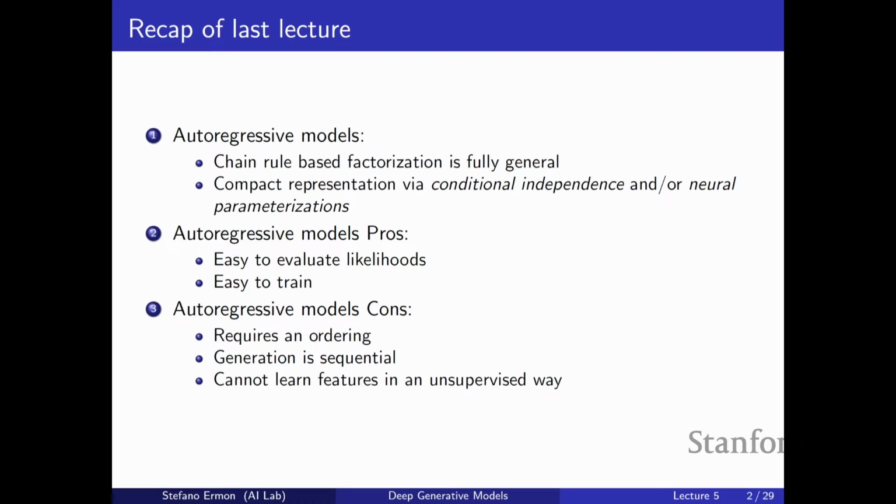Even if you use an architecture that allows you to compute all the conditionals basically in parallel, like a transformer, the challenge is that at generation time, you have to generate one variable at a time, and so that can be slow. Another thing is that it's not obvious how you can get features from the data in an unsupervised way. And that, we'll see, is one of the things that we're going to be able to do using latent variable models.